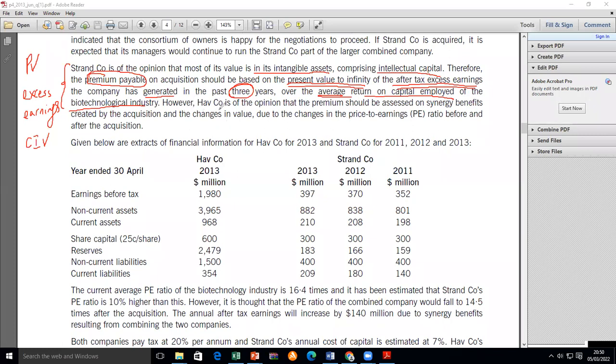The other opinion, however, is that the premium should be assessed on synergy benefits created by the acquisition and changes in value due to changes in the price earnings ratio. So they're mentioning the price earnings ratio before and after.